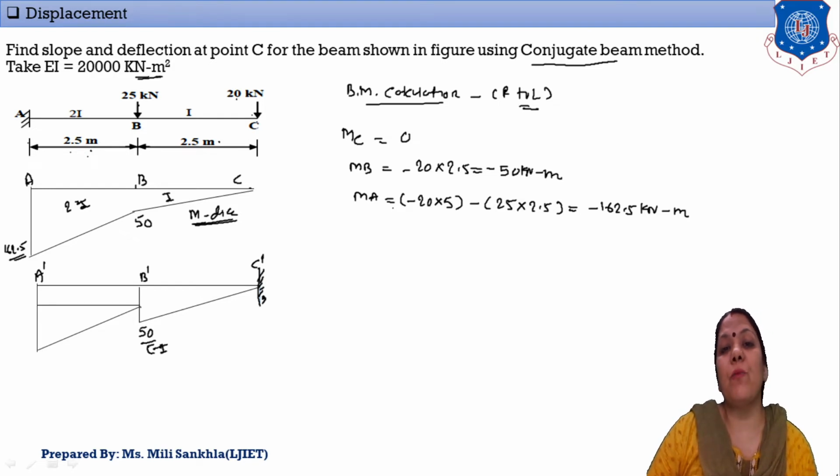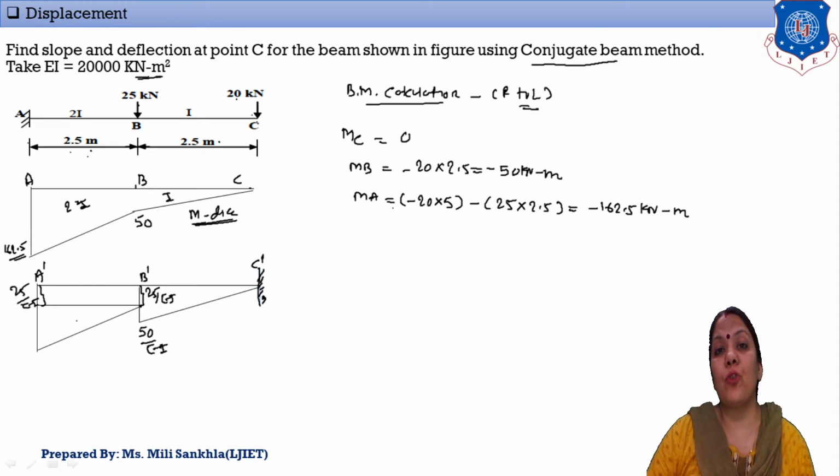From this junction point, on the left hand side 2I is given, so we convert this 2I into I. Now what is the half value of 50? That is 25 by EI. This top value is 25 by EI, and this value is also 25 by EI.